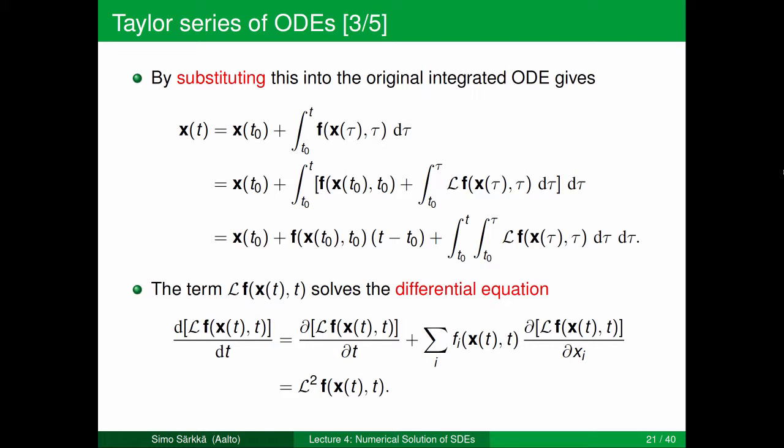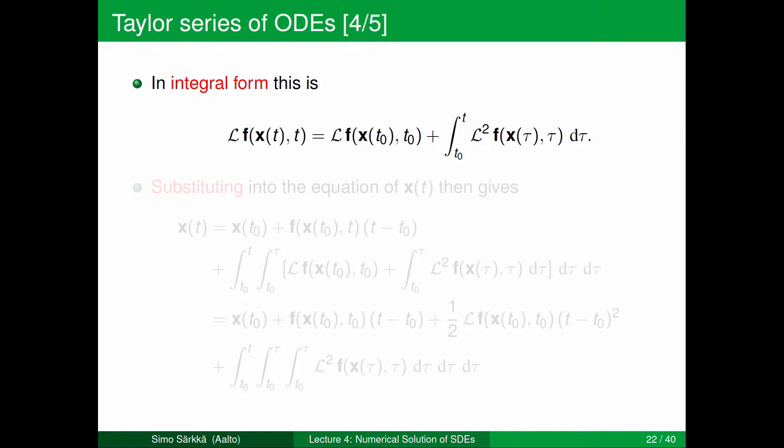So we can write down L applied to f as the solution to a differential equation, which in this case is given as the time derivative of the term being the partial derivative of the term with respect to time plus f_i times the partial derivatives with respect to x. But this is now exactly equal to the linear operator L applied twice to f. So we can now see the benefit of the notation that we introduced.